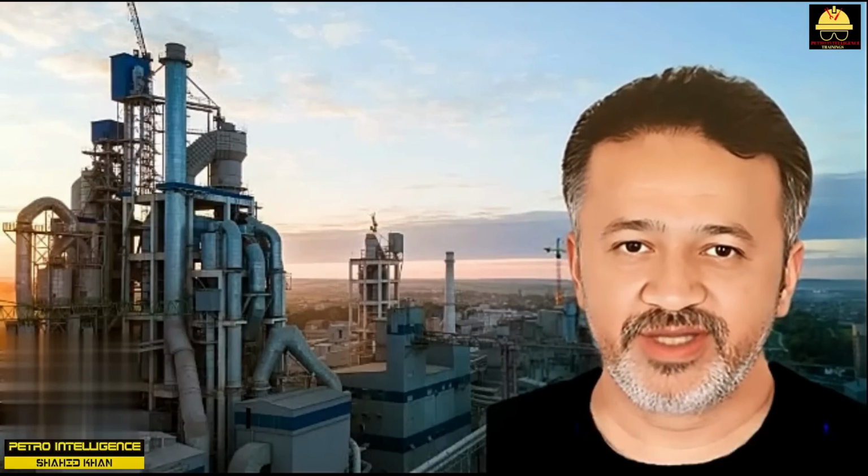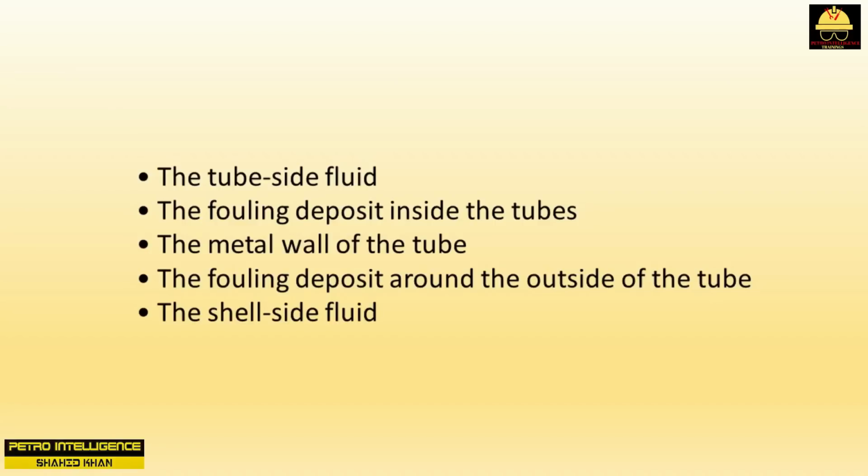Heat transfer resistance. The resistances of electric resistors arranged in series may be added to obtain the overall circuit resistance. This concept also applies for a heat exchanger. The following 5 resistances to heat transfer are added together to obtain the total resistance to heat transfer. The tube side fluid.